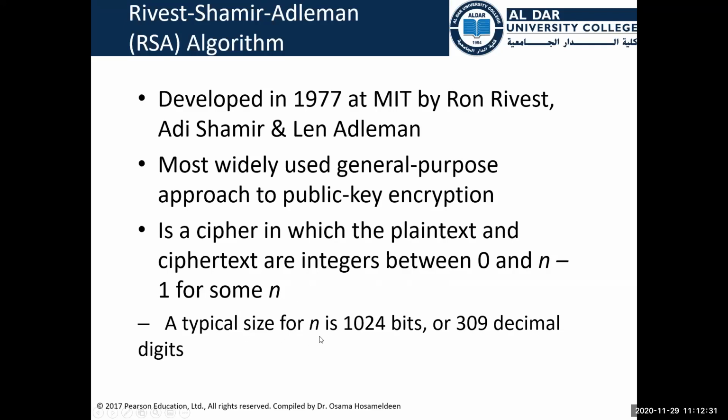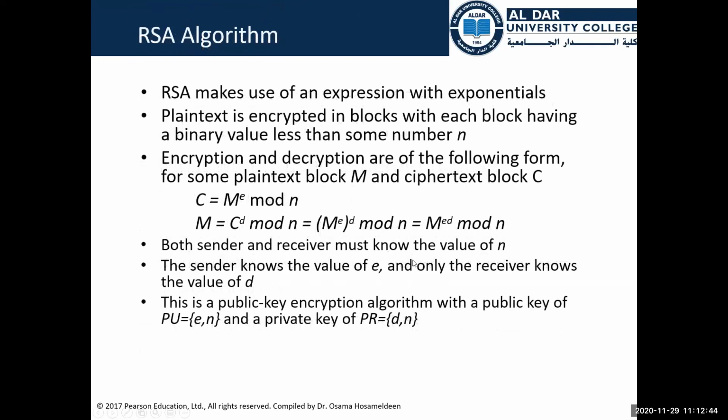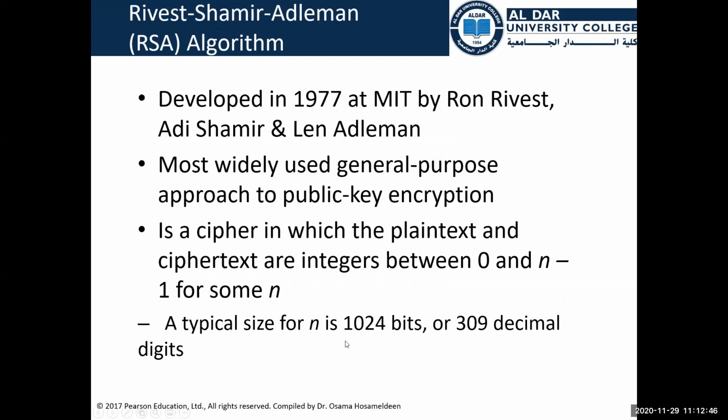The typical size of n is 1024 bits, which in decimal is 309 digits. Simply, 2 to the power 1024 gives us 309 decimal digits, a very long decimal number.